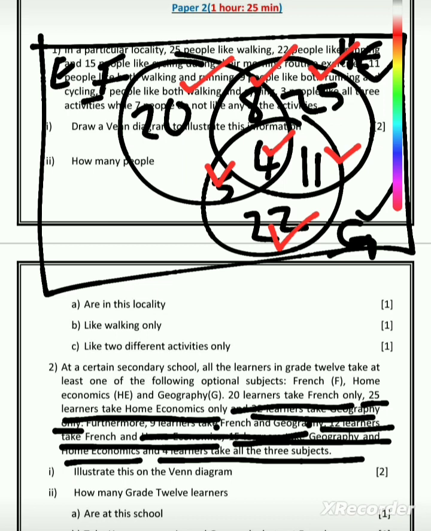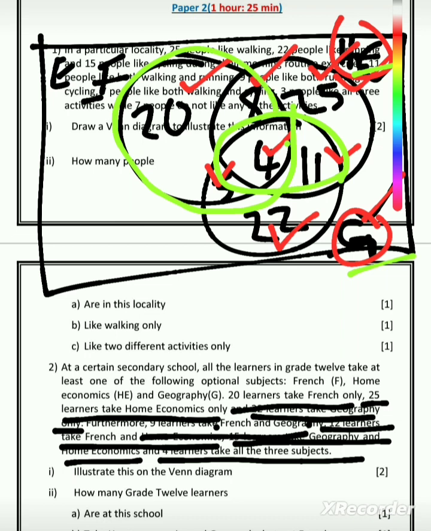The next question was saying how many take home economics and geography but not French? So they have said how many take this and this, meaning they want those here who take this and this at the same time, but not French.